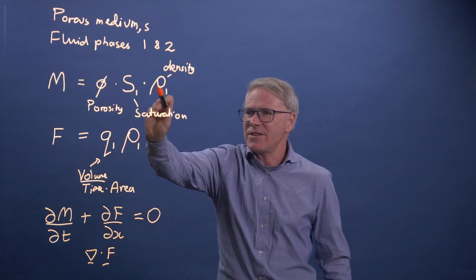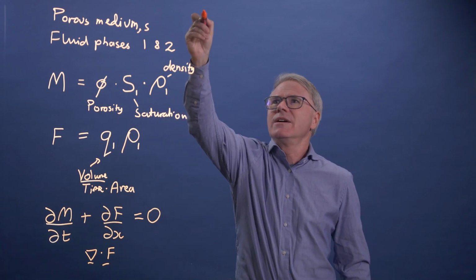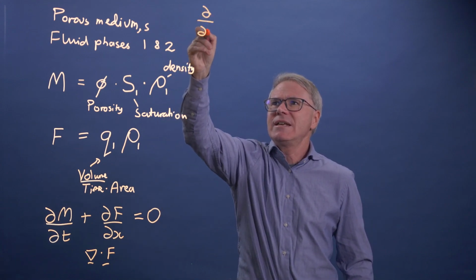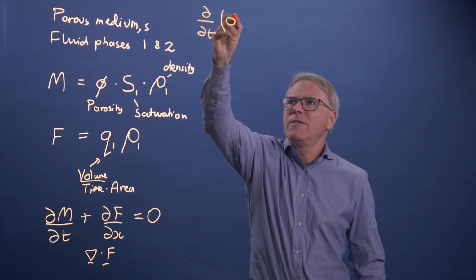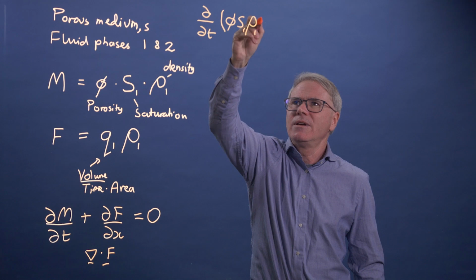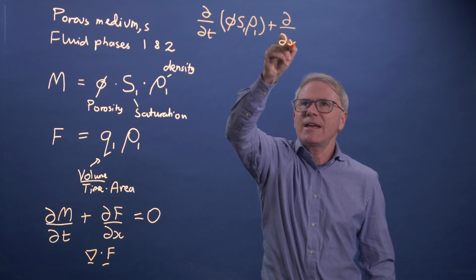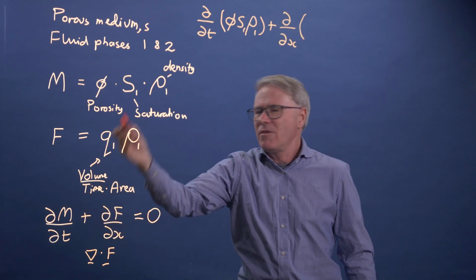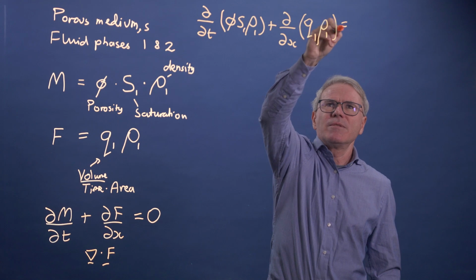I've got phi S rho, and q rho, so I get d by dt of phi S1 rho 1 plus, in one dimension, d by dx of q1 rho 1 equals 0.